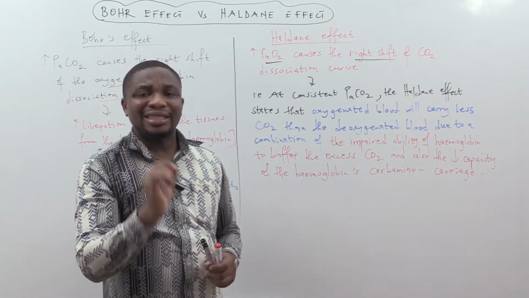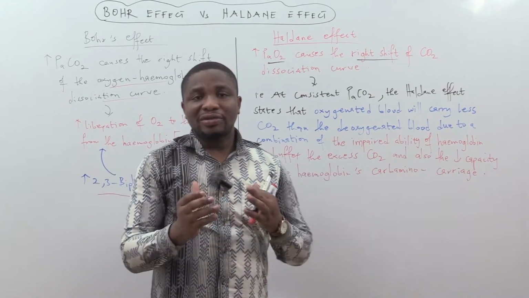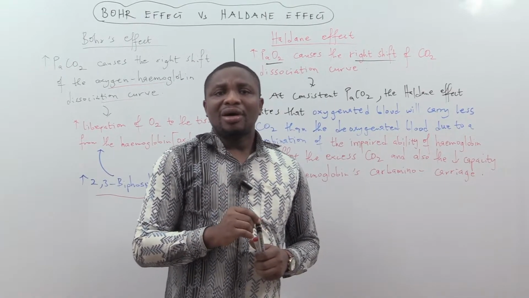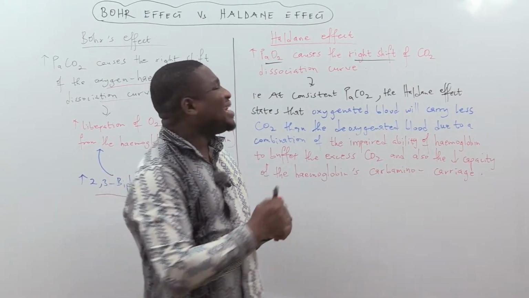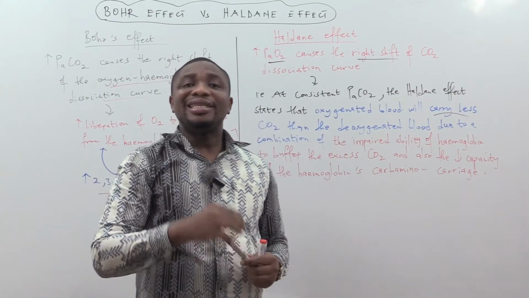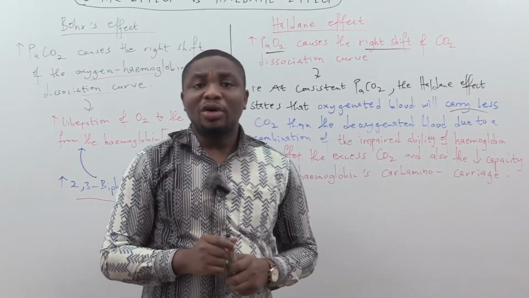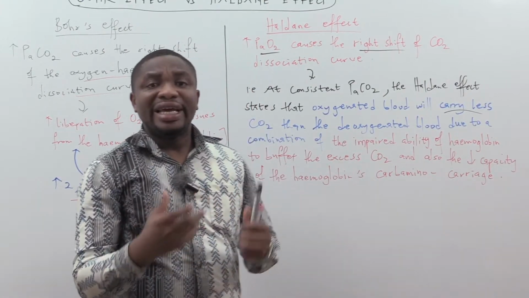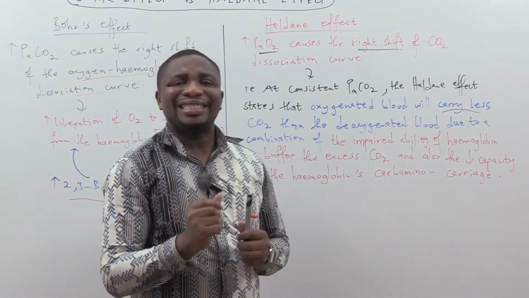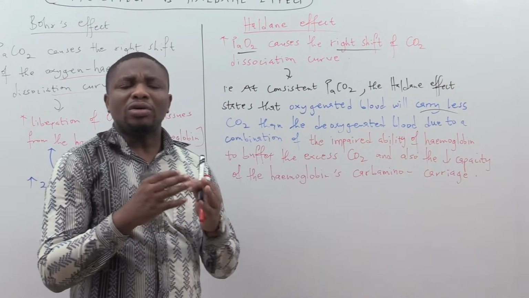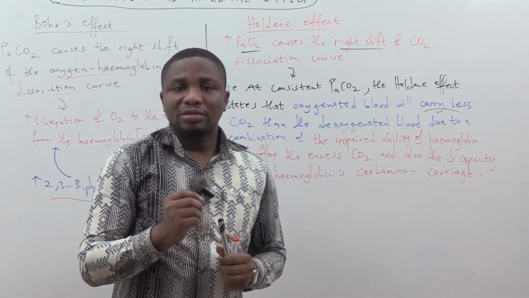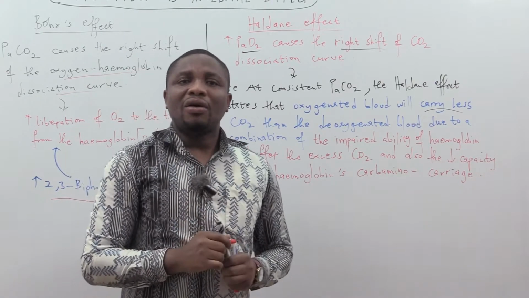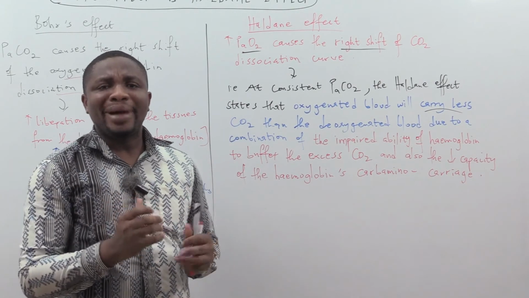At consistent partial pressures of carbon dioxide, the Haldane effect states that oxygenated blood will carry less carbon dioxide than deoxygenated blood due to the combination of the impaired ability of the hemoglobin to buffer the excess carbon dioxide, and also due to the reduced capacity of the hemoglobin's carbamino carriage.